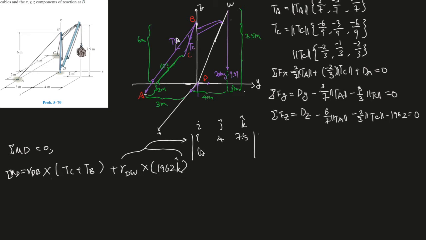And since the force is going into k, into the z direction, this is 1962 in the negative direction. And if you solve this matrix, 1 minus, cover this, 4 times this, so 4 times negative 162, right, over here.